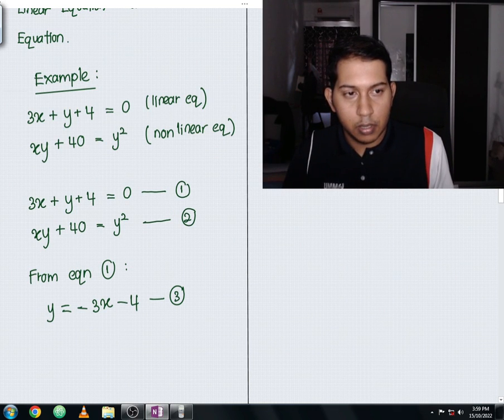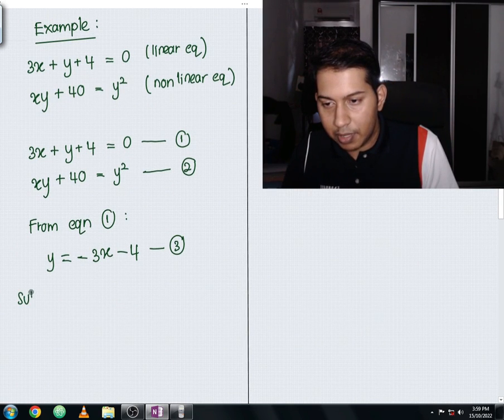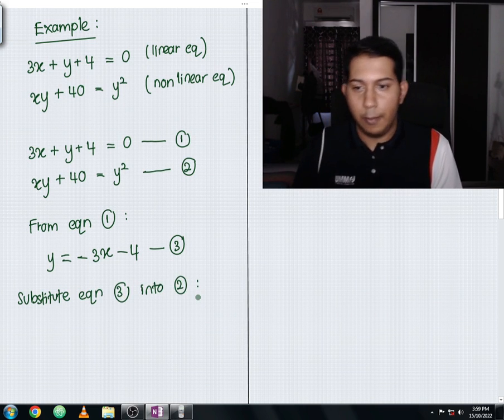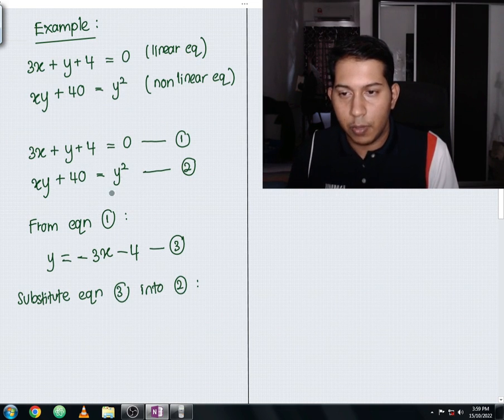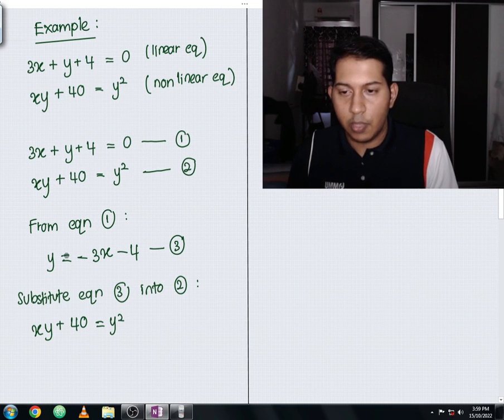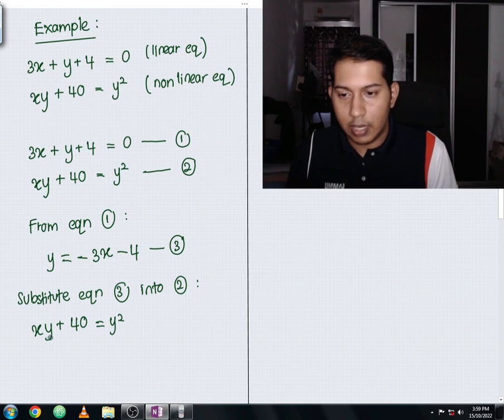Let us continue. Substitute equation 3 into 2. Let me copy back the equation: xy + 4 = y². Since y is equal to -3x - 4, we can substitute this into the equation.